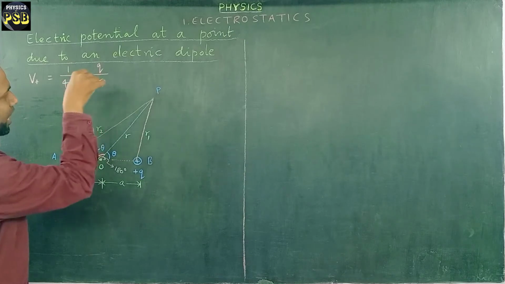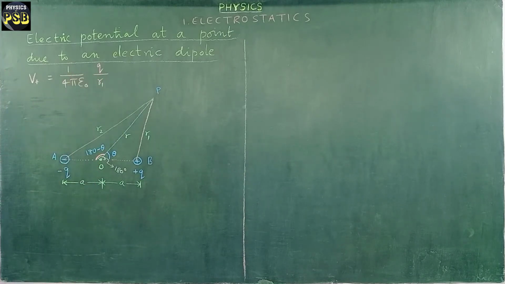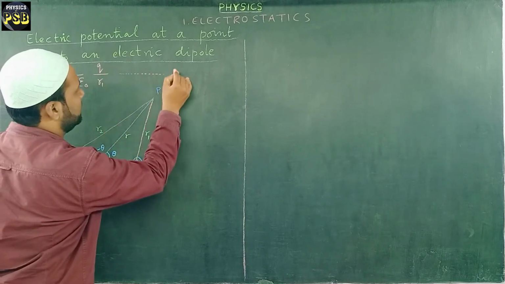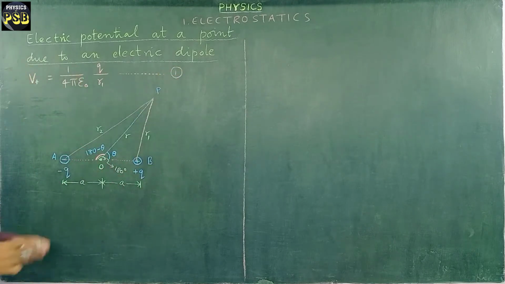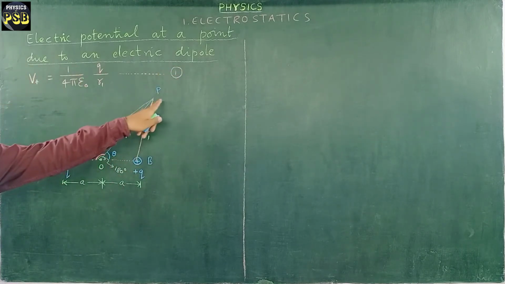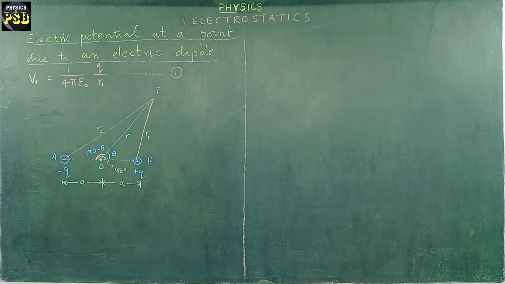What is that? It is r1. This is taken as equation 1, and it represents the electric potential at point P due to the plus q charge.